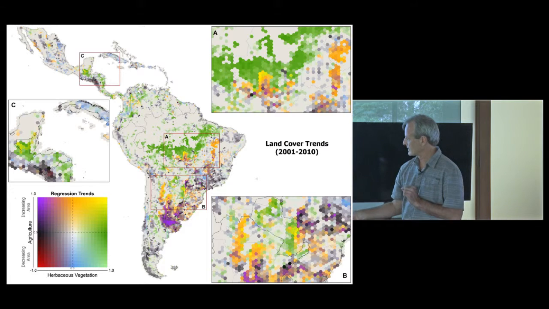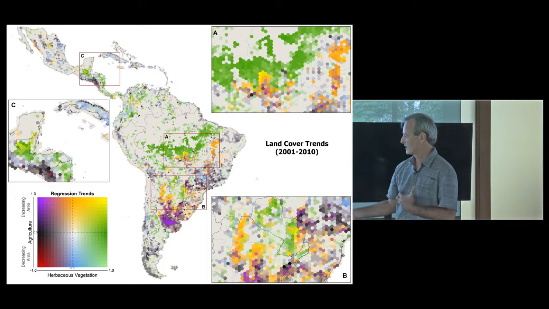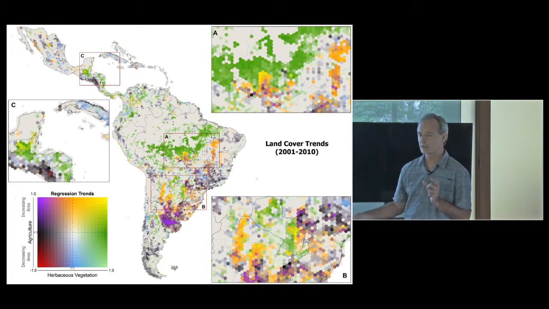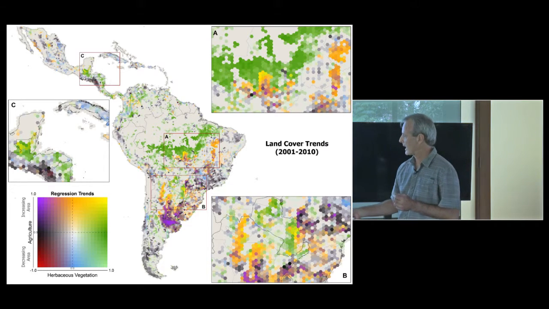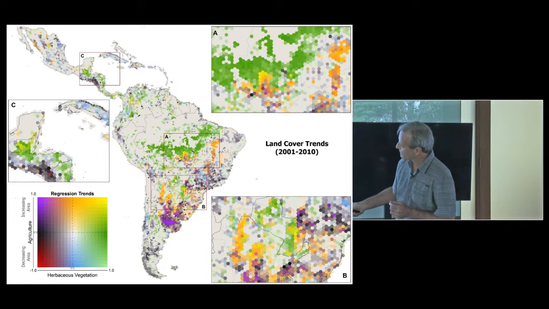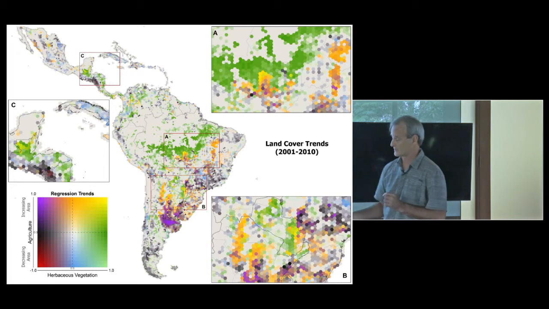And so on this axis here, we're looking at herbaceous vegetation. Was there a significant increase or decrease over that 10-year period? So you could think of this as pastures. Here are croplands. Was there a significant loss of croplands or a significant increase in croplands?